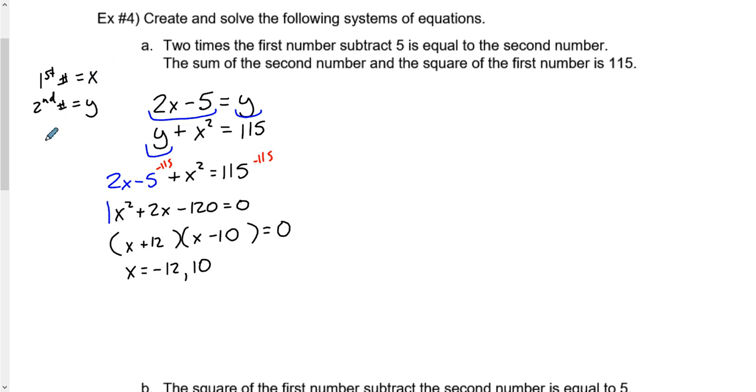We need to still solve for what y is. So if x equals negative 12, what does y equal? 2 times negative 12 subtracting 5 equals y. Negative 24 subtracting 5 is negative 29.